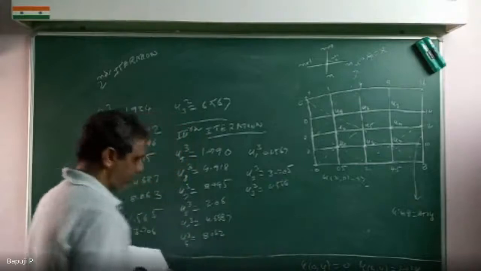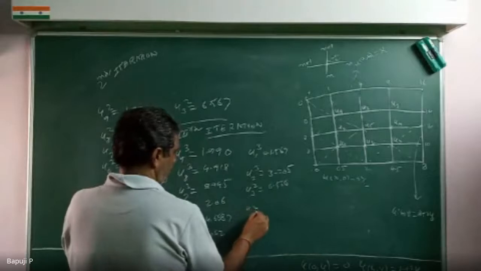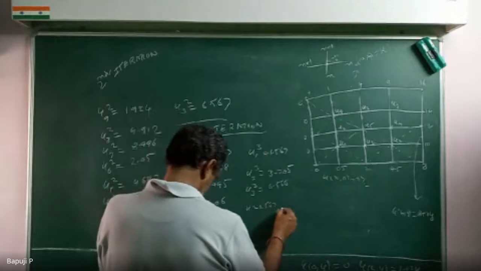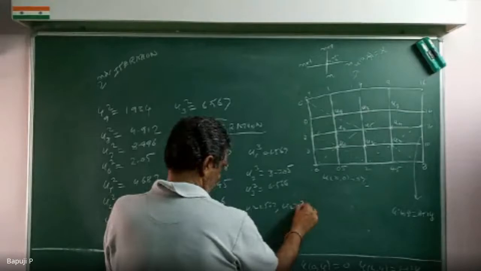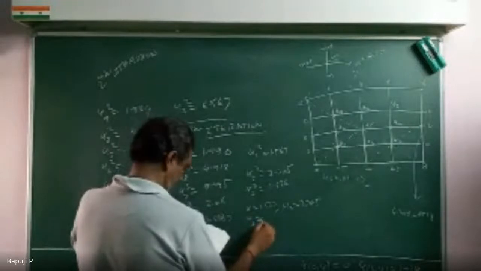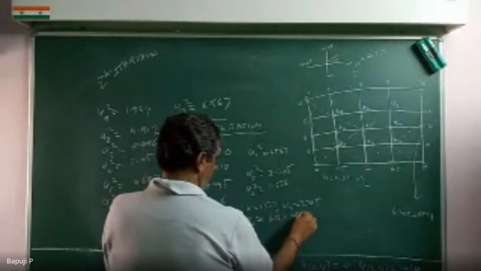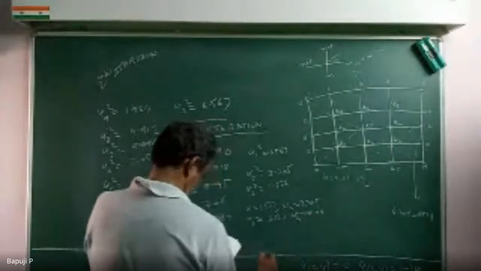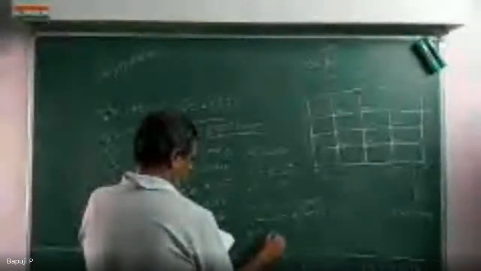Then if it is equal with one decimal, finally you can do the conclusion. U1 is approximately 1.567, you can write without suffix. U2 approximately 3.075. U3 approximately 6.56. U4 approximately 8.06. U5 approximately 4.68.